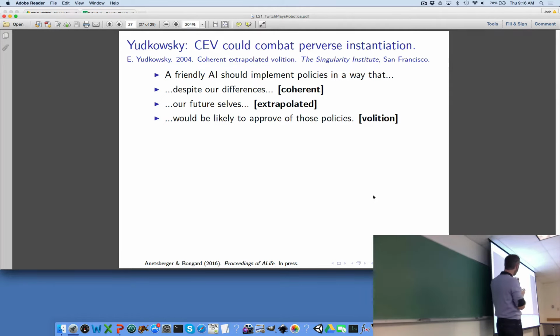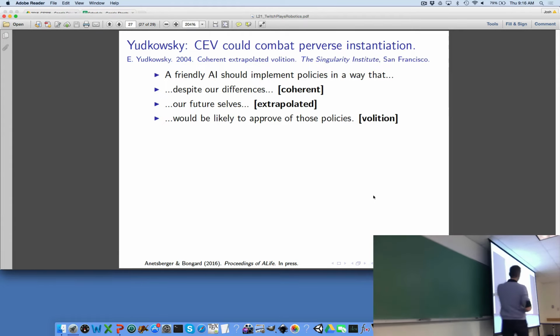But it was an interesting approach to dealing with the perverse instantiation problem. Yudkowsky said, in order to make an AI friendly, a friendly AI should only implement policies in a way that, despite our differences, our future selves would be likely to approve of these policies in retrospect.